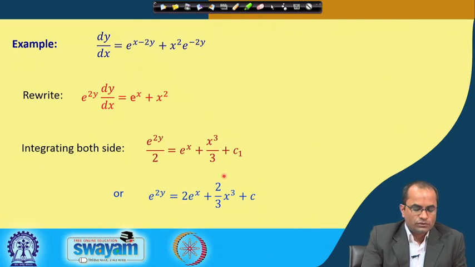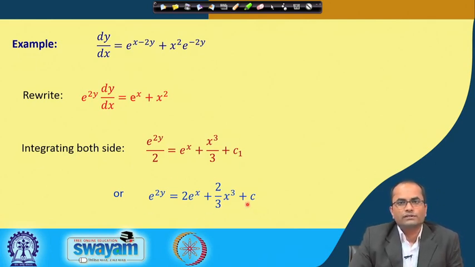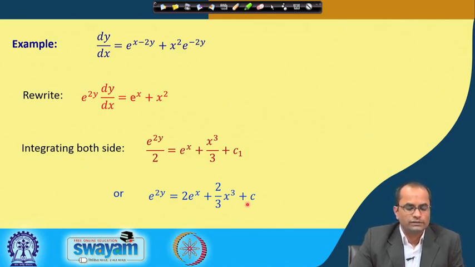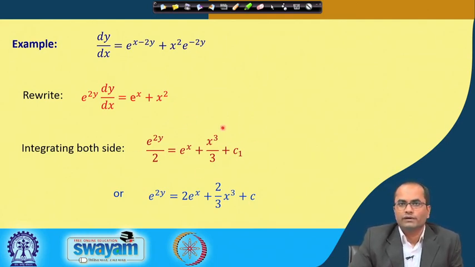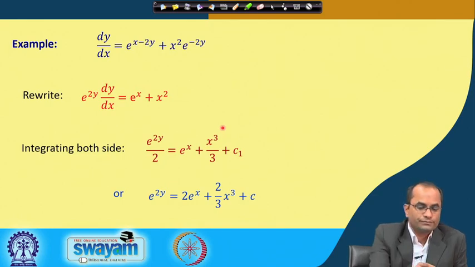So, this is the solution, which is given in implicit form. This is the implicit solution of the given differential equation. By separating the variables, it was easy to integrate and find the solution. This is one of the very basic techniques which we use for solving differential equations.